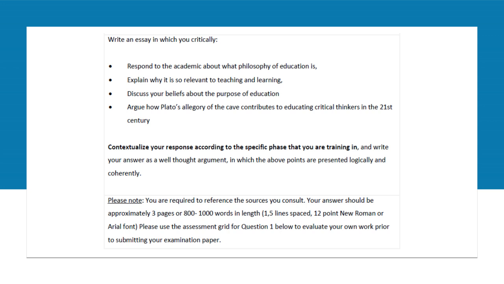So although it's asking you for your beliefs, you still have to use references because you are basing your beliefs on the work of other people. Remember, we did not live in the times that these people lived. So you couldn't have just bumped into Plato and quickly have a chat with him. And now it's your own opinion that you're matching everything to.